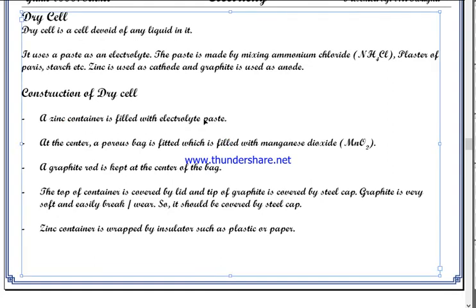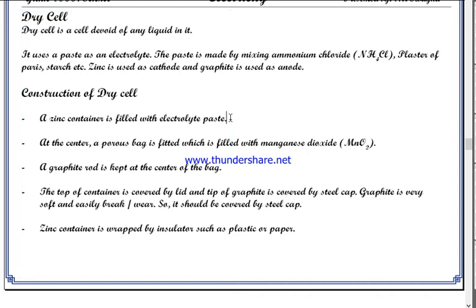A zinc container is filled with electrolyte paste. An electrolyte paste contains what? You have already mentioned it: ammonium chloride, then starch, and plaster of Paris. At the center, a porous bag is fitted which is filled with manganese dioxide.